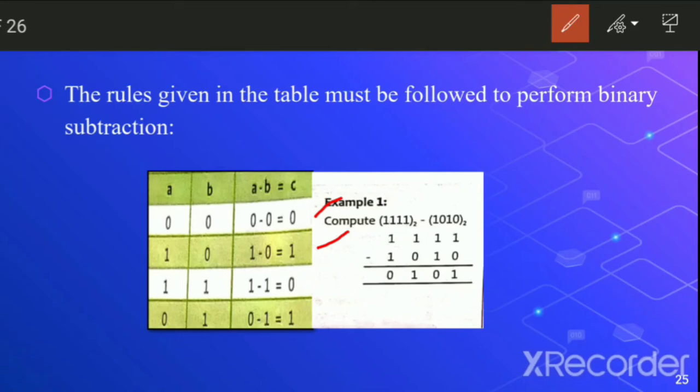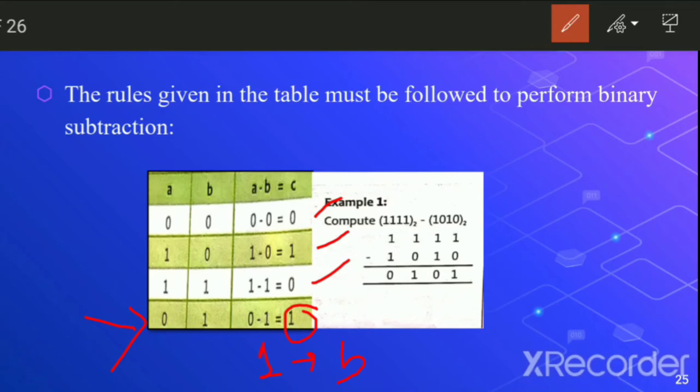When we subtract 1 minus 1, again it is easy, 1 minus 1 is 0, like we have in our decimal number system. Now just look at the last values. Here we have 0 minus 1. When we subtract 0 minus 1, we have 1 as the answer and 1 as borrow.